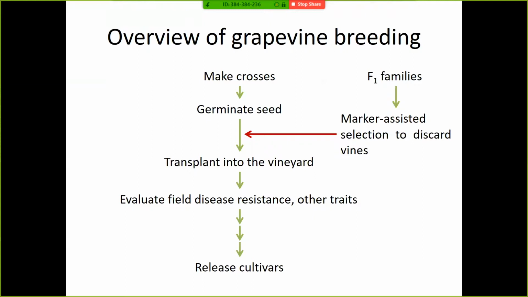And after years of multi-location, multi-year trials evaluating for field disease resistance as well as wine quality, the best of those selections are released as cultivars.